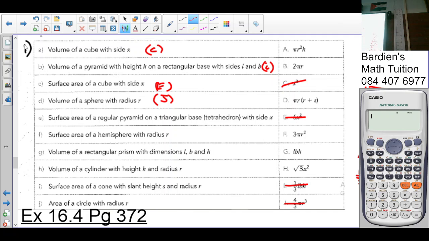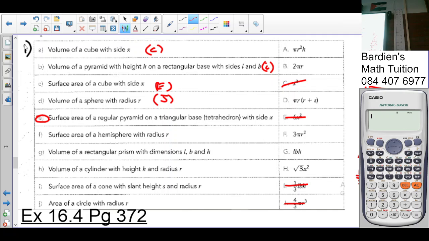Firstly, how many sides would this have? 4 sides, you said. 5 or 4?